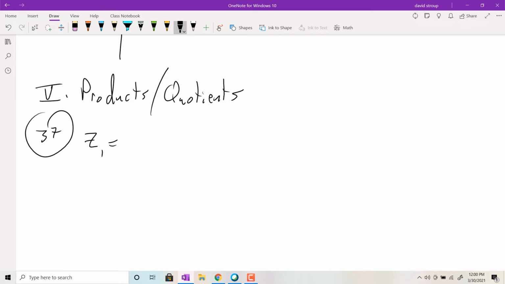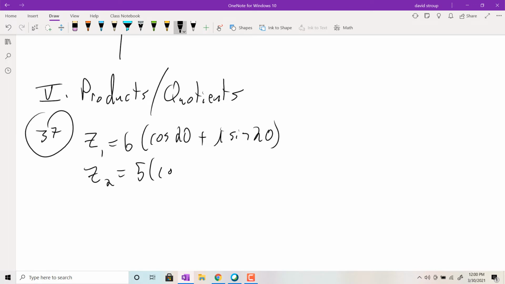Okay, so Z1 is 6 times cosine 20 plus I sine 20. And then Z2 is 5 times cosine 50 plus I sine 50. Okay, so Z1 times Z2, and I promise there's an easier way to do this, it's just we want to give you some sort of reasoning.